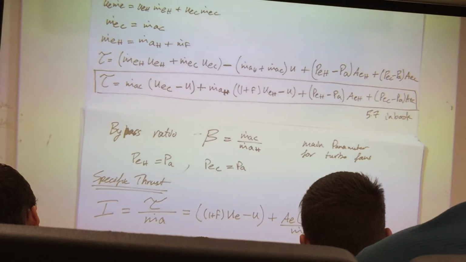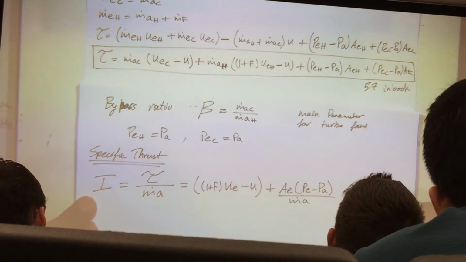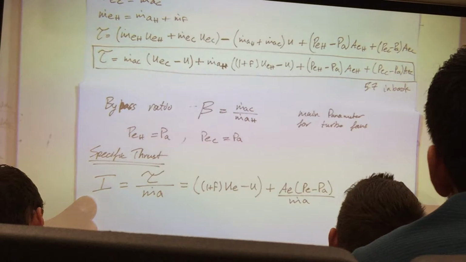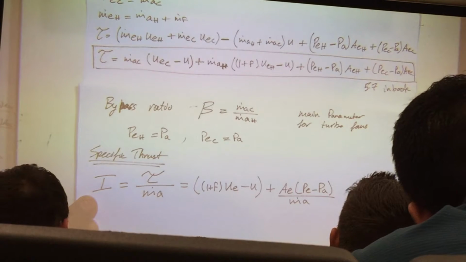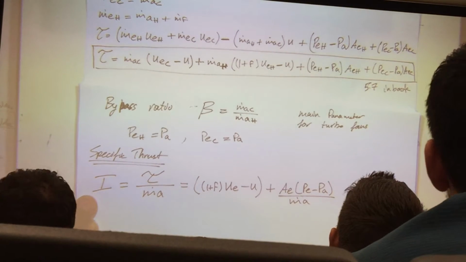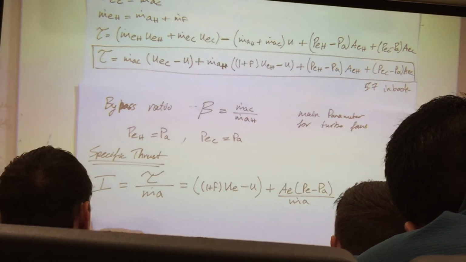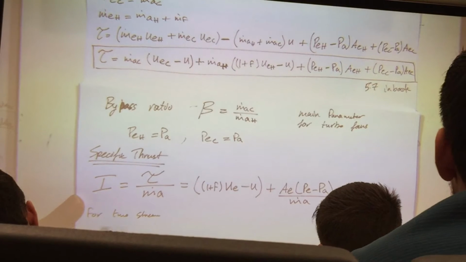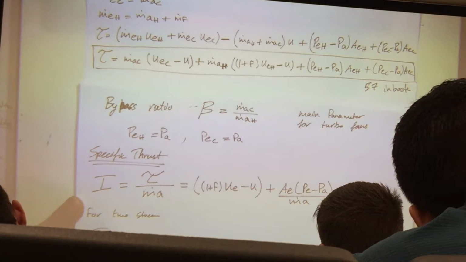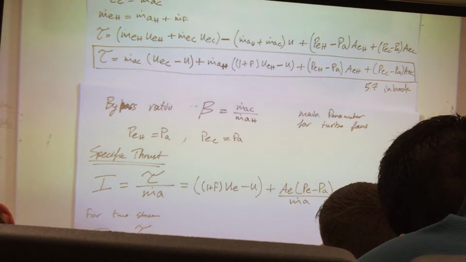Now, for the turbofan, so this is single stream, i.e. turbojet. Now for two stream, this is equal to thrust divided by m dot A as well.